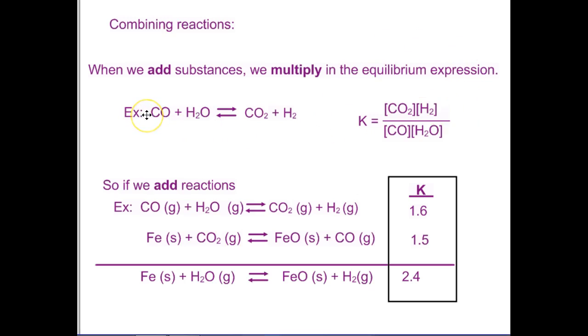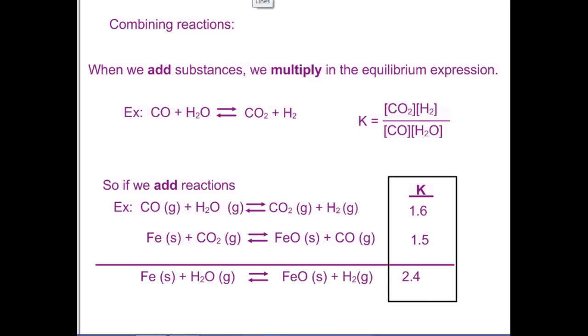If I added another chemical in the reactants, it would end up being multiplied in the denominator of the K expression. So if instead of just adding one more substance, I add two more substances in the form of a balanced equation, I'm now adding reactants and adding products. And what I do is I multiply their equilibrium constants.